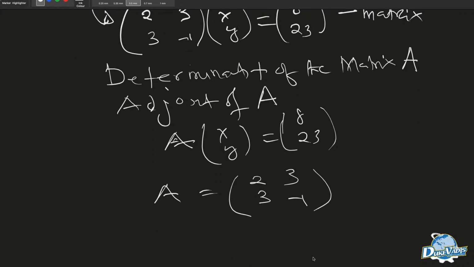So how do you find the determinant of A? The determinant of A is given by multiplying the diagonals of the matrix and subtracting. Let me say it again: we multiply the left diagonal and subtract from it the multiplication of the right diagonal.